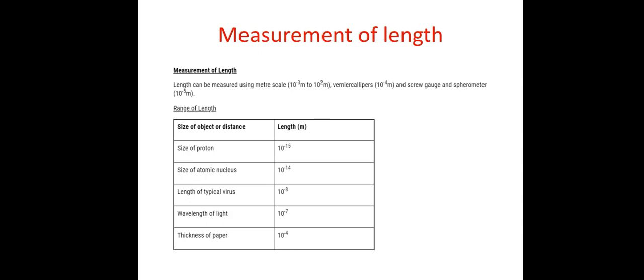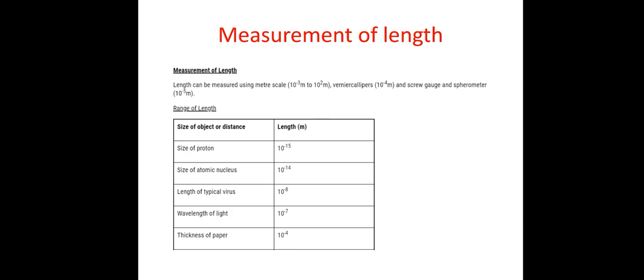We can measure with the meter scale. But if the length is very small, less than a meter, then we use the device called vernier caliper.